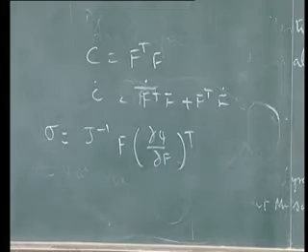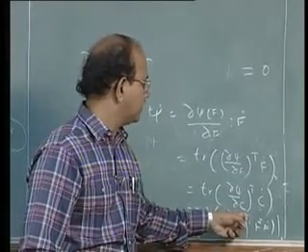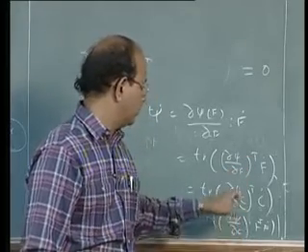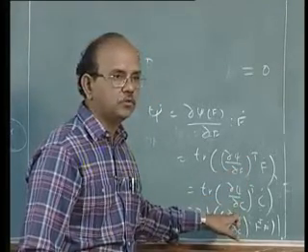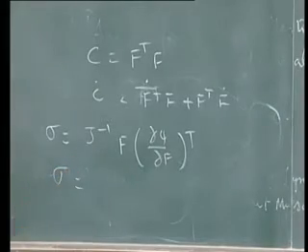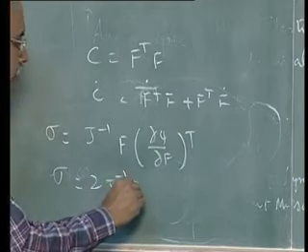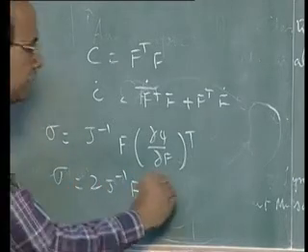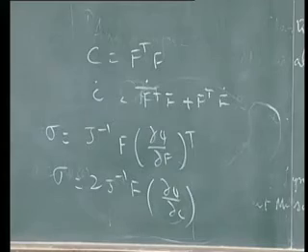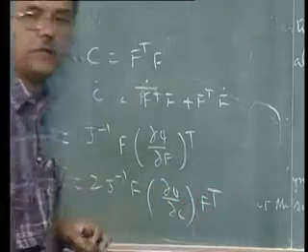Which now, using this relationship between them, you can write down as dou psi by dou C F transpose. So sigma is equal to 2 J inverse F dou psi by dou C F transpose.